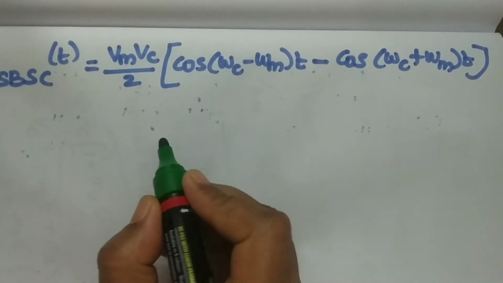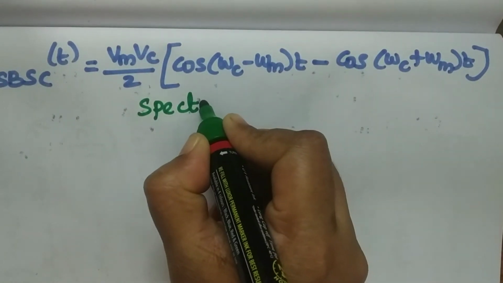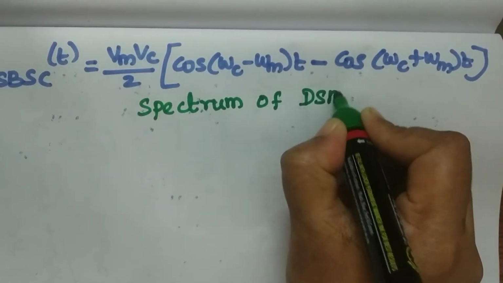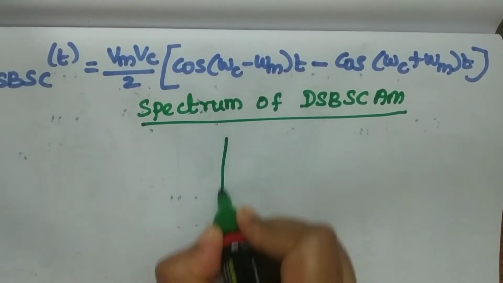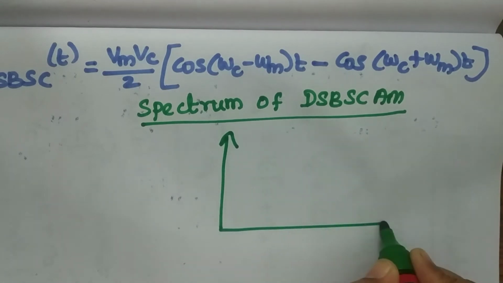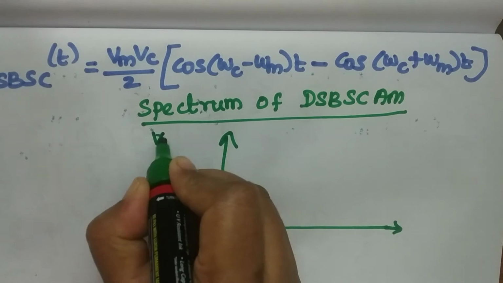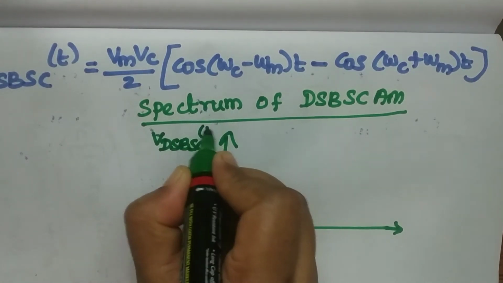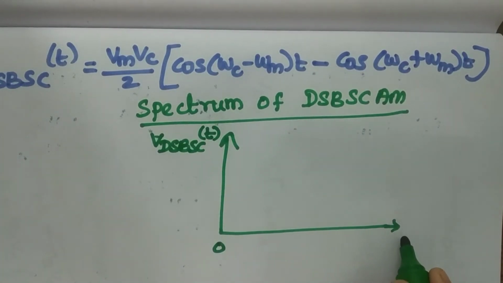Now I am going to draw the frequency spectrum of double sideband suppressed carrier amplitude modulation. This is the double sideband suppressed carrier output, here it is, frequency or omega.